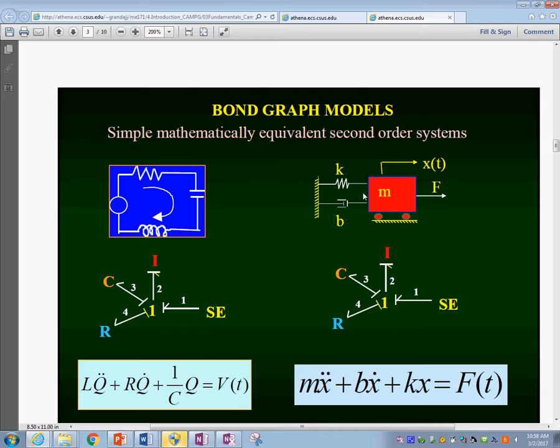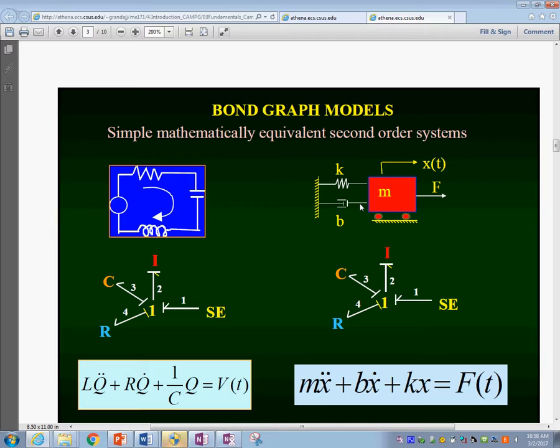And so in the mechanical system, we end up with the same bond graph, but we did not mix up both of them. They were derived on their own.